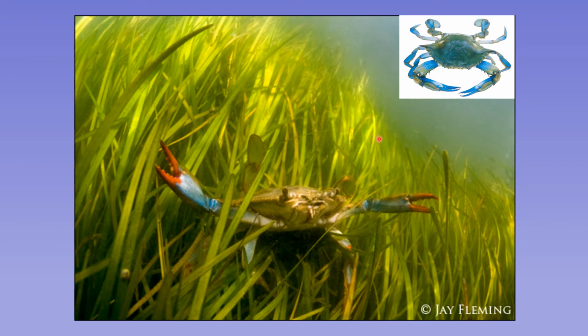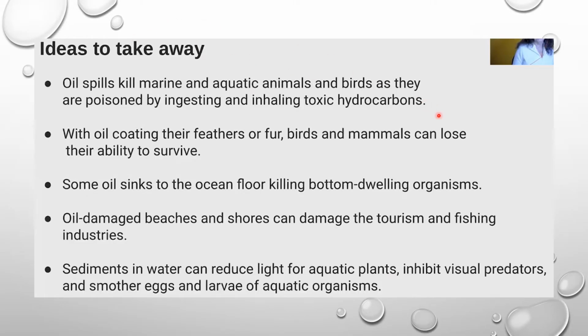The grasses could no longer photosynthesize because of the sediment, and if they can't photosynthesize, they're no longer there, and then the crab is losing its habitat, and its gills were getting clogged, and it couldn't lay its eggs and have a safe nursery. You can read the ideas to take away on your own while I go to the next slide.